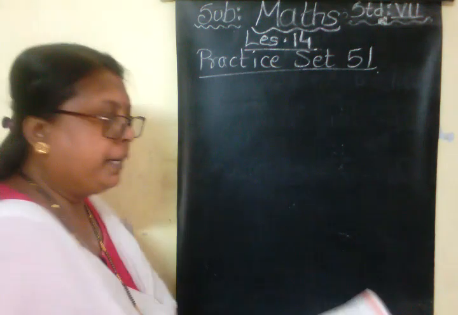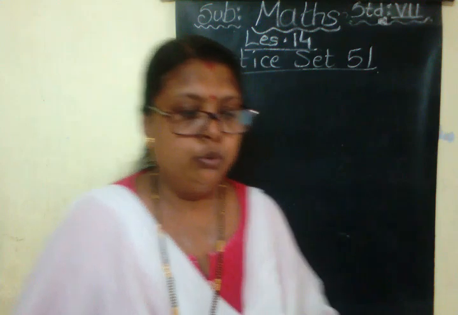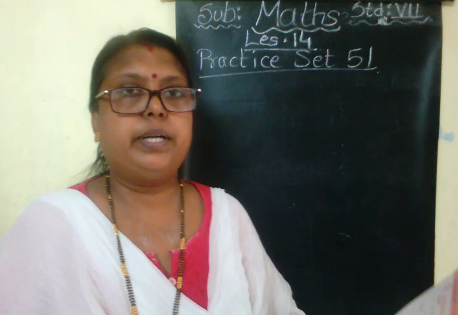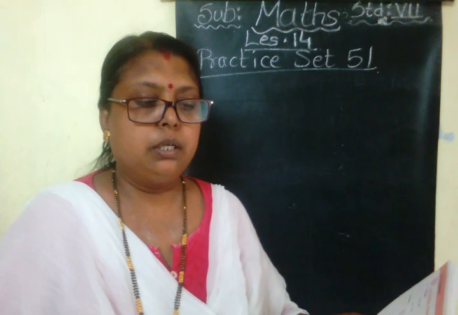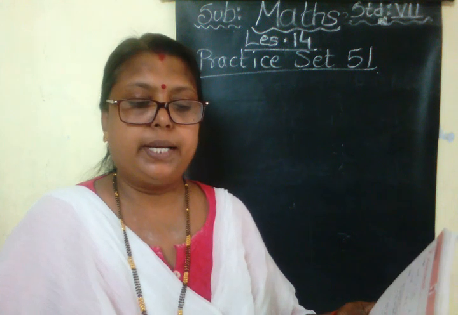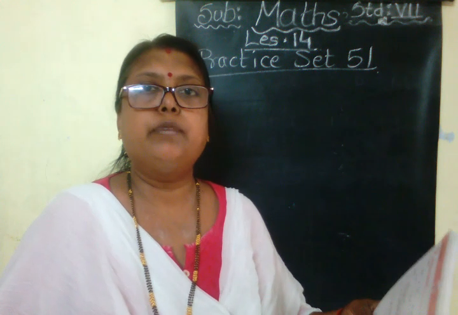Now, before practice set 51, I gave you two sums as homework. Using expansion formula, find the values of. The first one was 102 square. Its answer you get as 10404.